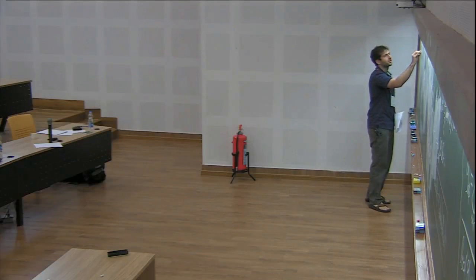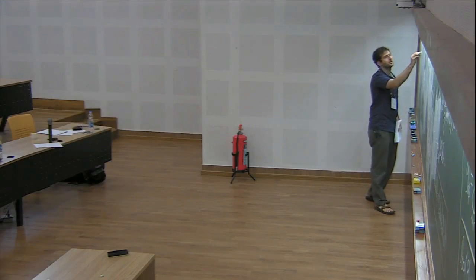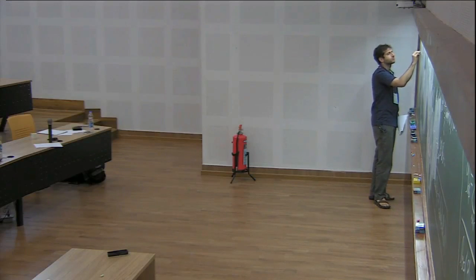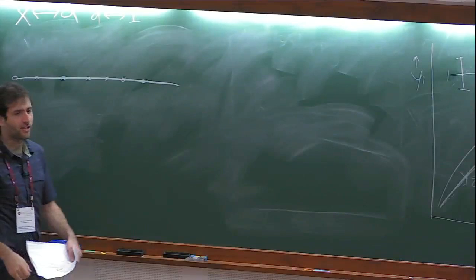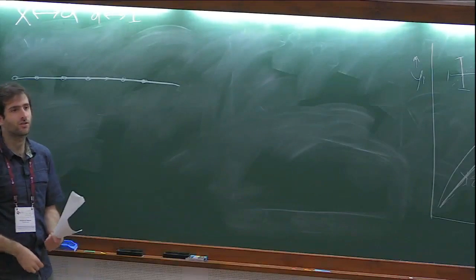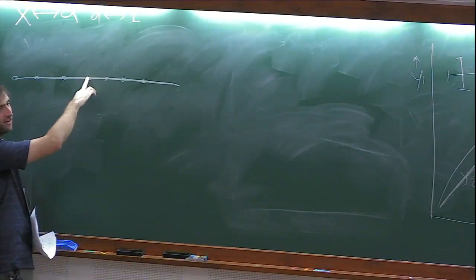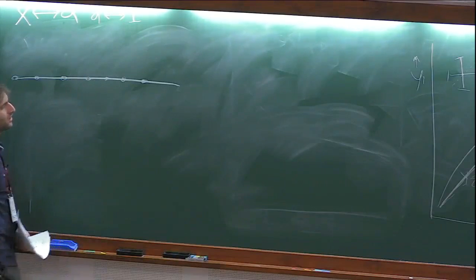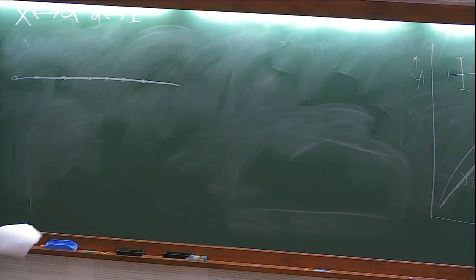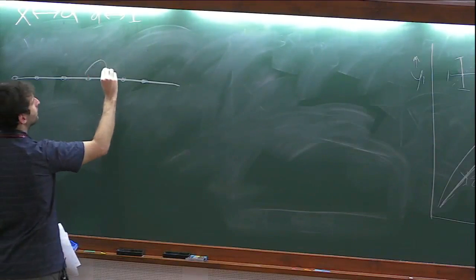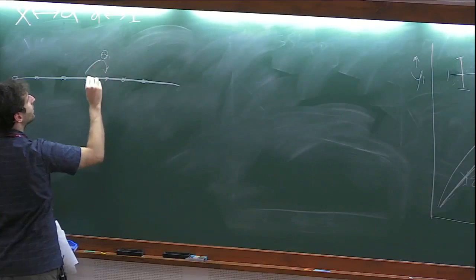So here's the model. It takes place on a one-dimensional lattice. And time is also going to be discrete. So in every time step, every particle is going to hop according to a kernel that we're going to parameterize. So here's theta 1.